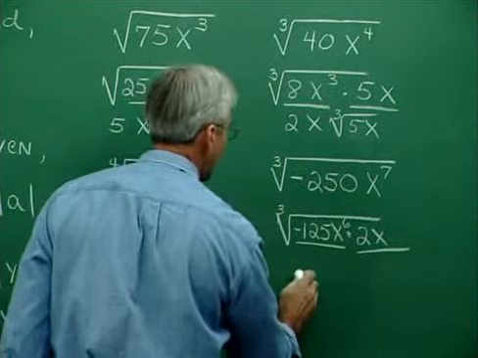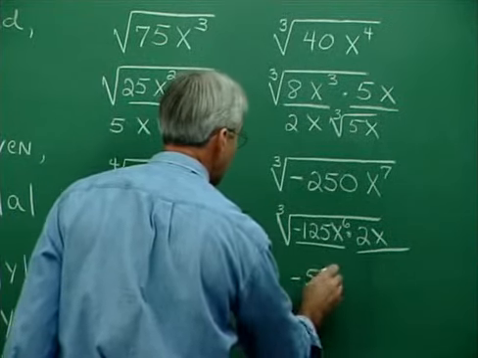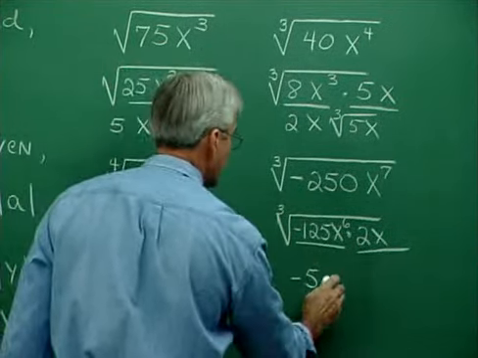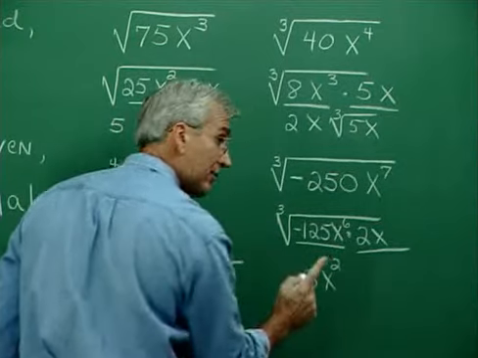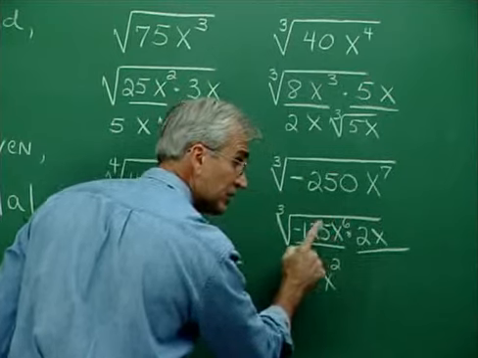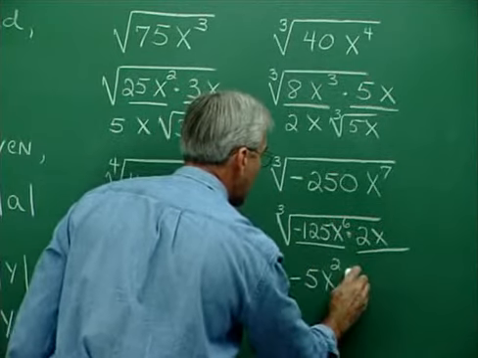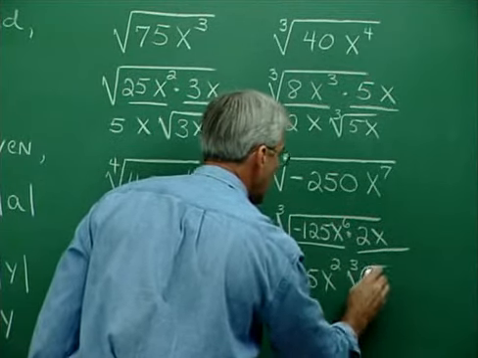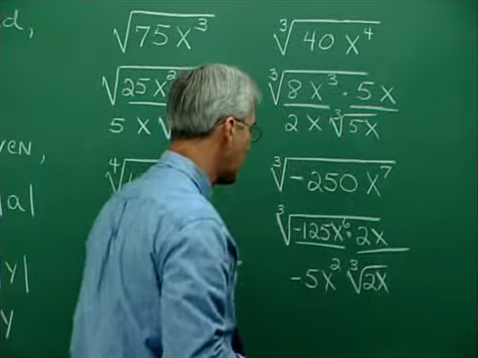Now, the cube root of negative 125 is negative 5. The cube root of x to the 6th is x squared, because after all, x squared to the 3rd power is x to the 6th, you see. And then left under the radical is the cube root of 2x.